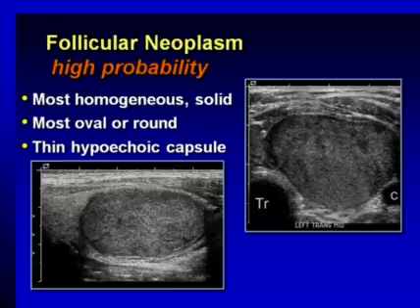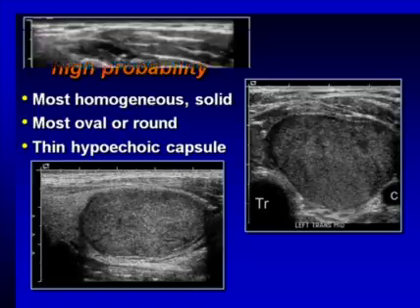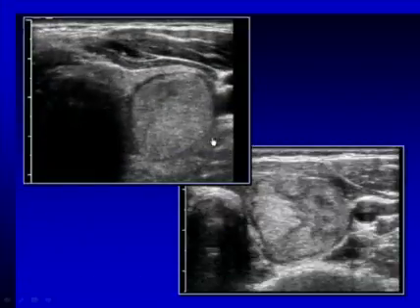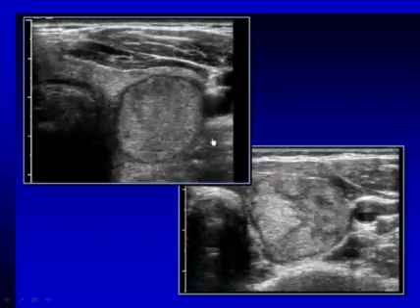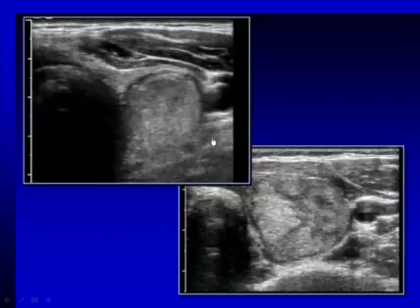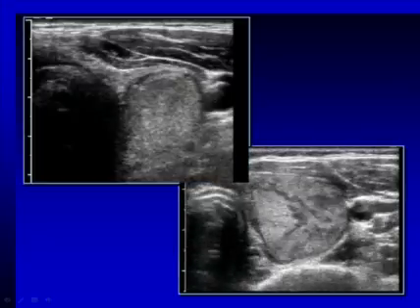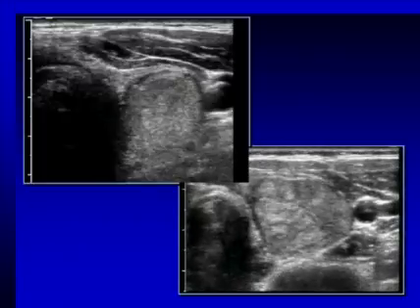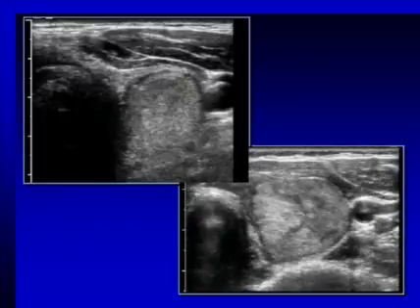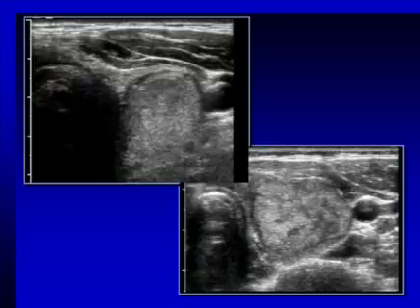They can have a thin peripheral hypoechoic capsule. We can perhaps see this best in real time where the homogeneous mass is surrounded by a thin capsule. Other times internally the mass is more heterogeneous, but still it has that often oval appearance and a thin capsule that surrounds the entire mass.